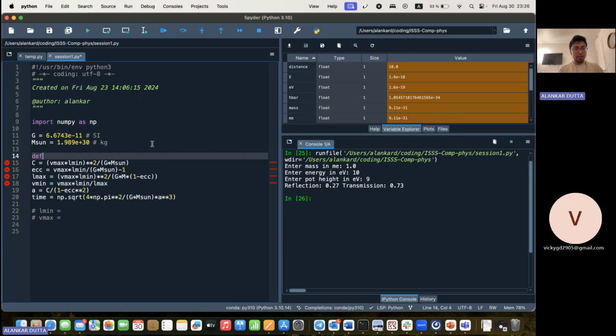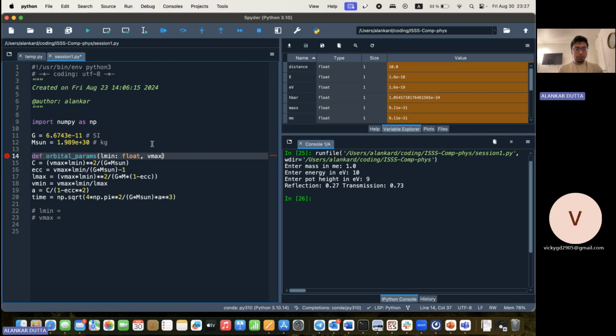Now def orbital params. Let's see, test your program to calculate L2, V2, T. So let's call this function orbital params. For this, the input will be Lmin and Vmax, and both of these will be float.